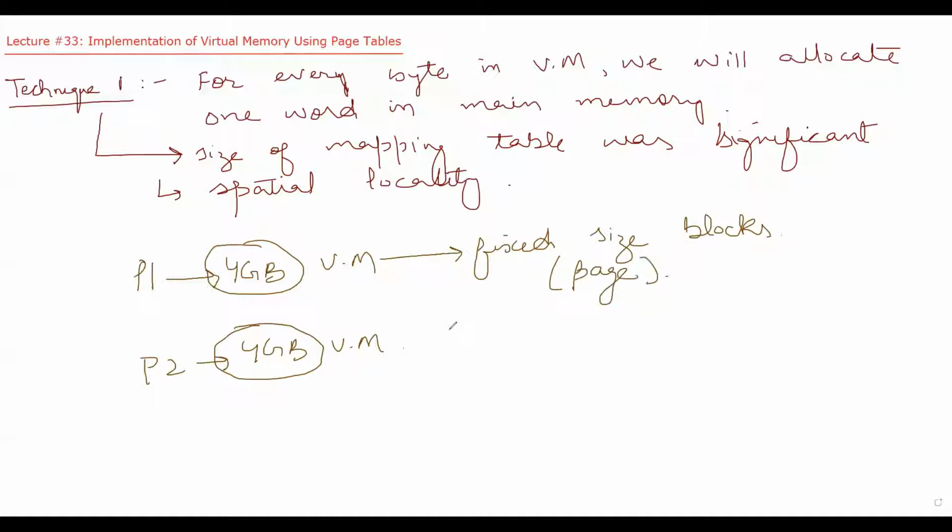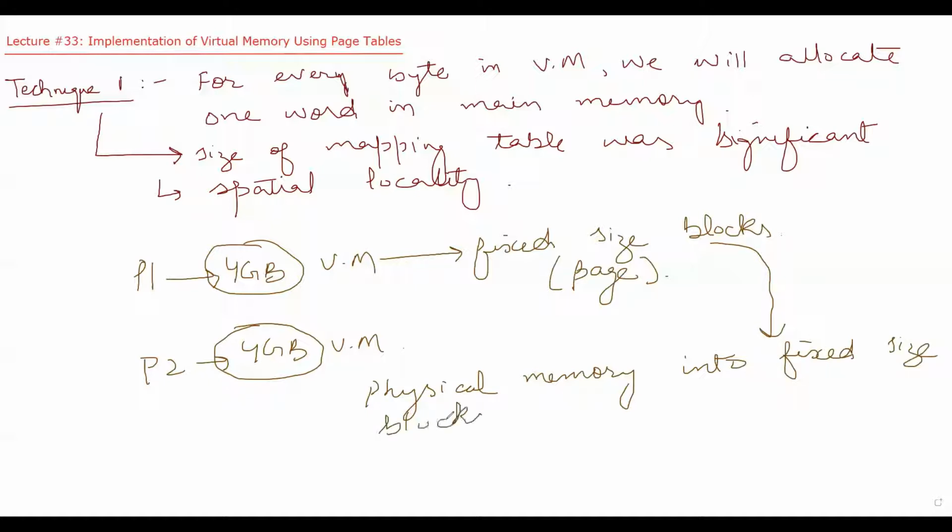Okay, fine. So also we are dividing our physical memory into fixed size blocks of the same size, and these blocks are called frames. So physical memory blocks are called frames and virtual memory blocks are called pages. Okay, so now what happens?